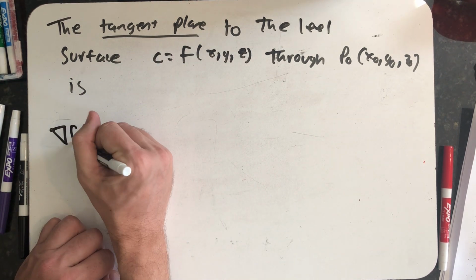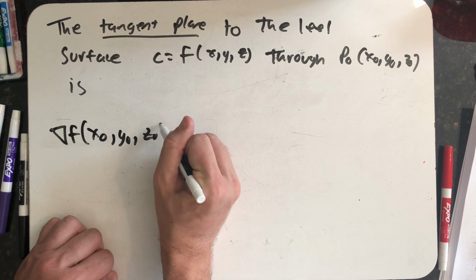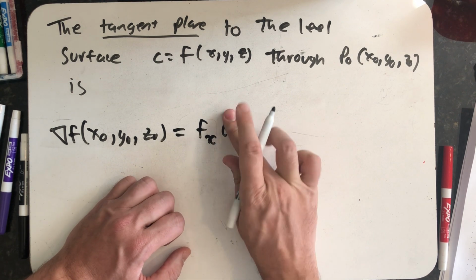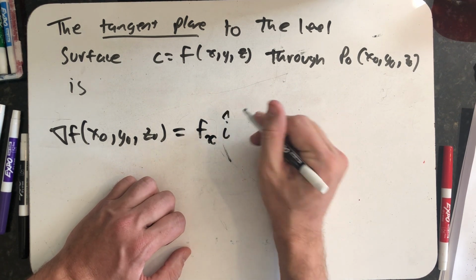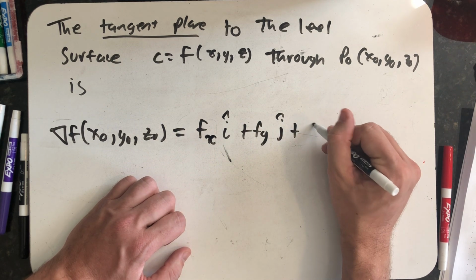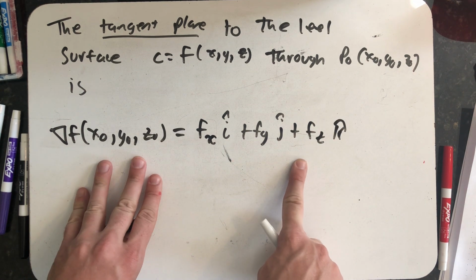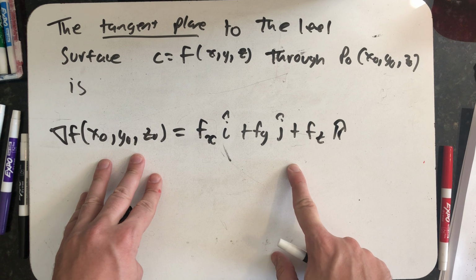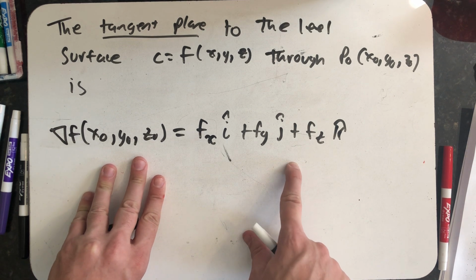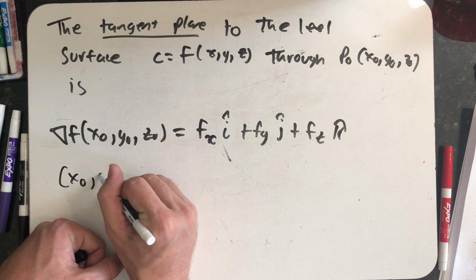Del f is going to be playing the role of that orthogonal vector to my plane, and that's the vector that is the partial with respect to x i plus the partial with respect to y j plus the partial with respect to z k. And I am thinking about evaluating these partials at the point x naught, y naught, z naught. I'm just trying to shorten up the notation a little bit. And it passes through the point x naught, y naught, z naught.